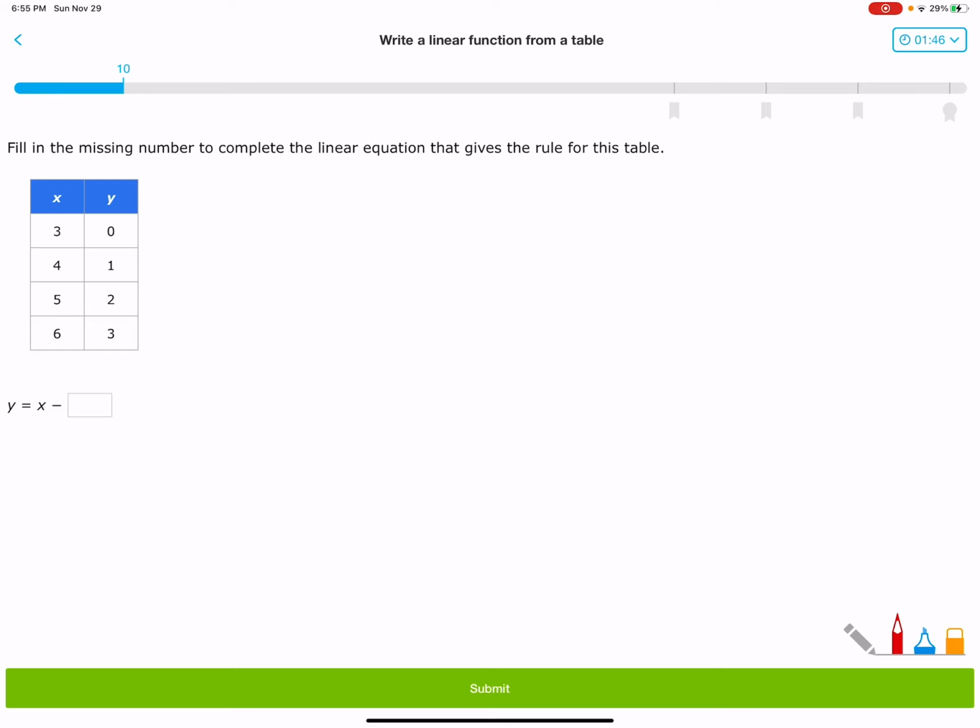Okay, next problem. The x's are 3, 4, 5, 6, and we go up by 1. So our y equals 1x plus, okay? If we look at our x's, 3 plus what equals 0?